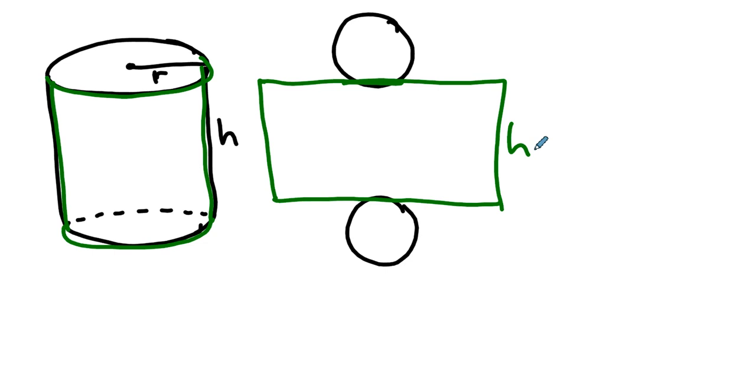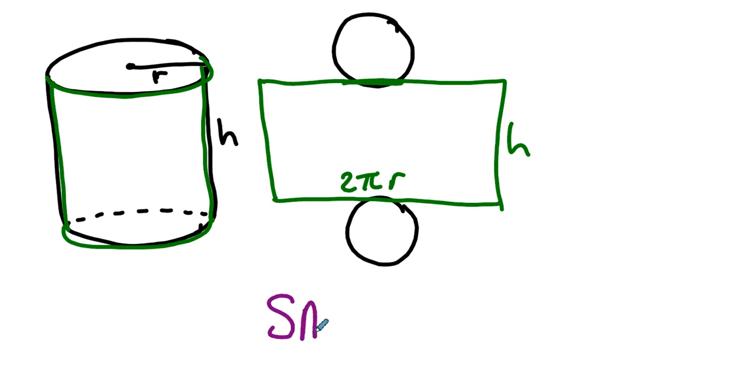Height is h. What's the length of the rectangle? Well, the length of the rectangle comes from unrolling the cylinder. This is the circumference of the circle. That's 2 pi r.